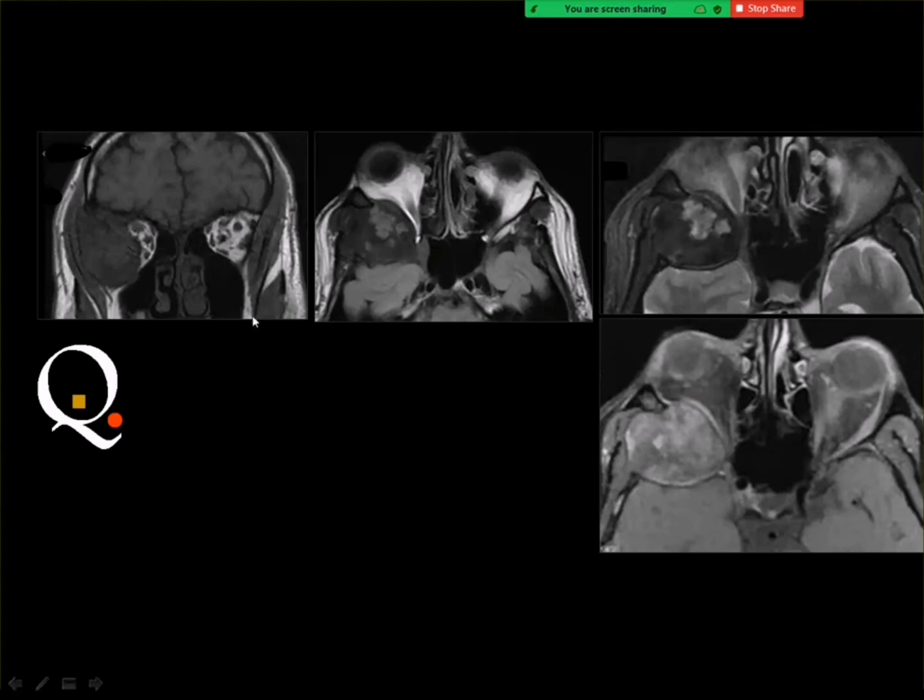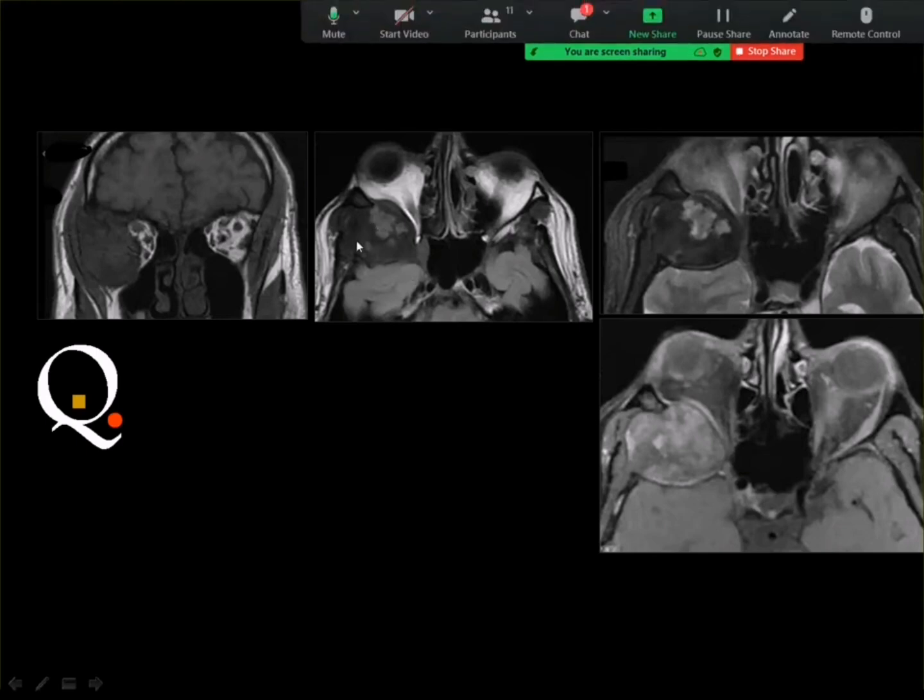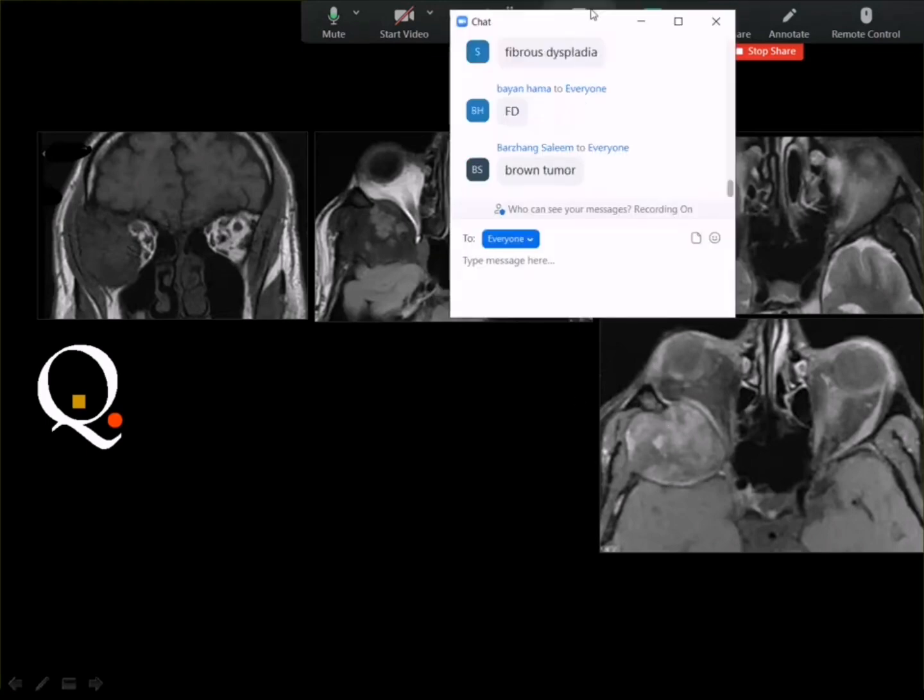And you can see that there is a bony lesion which is affecting the lateral aspect of the orbit as well as the greater wing of the sphenoid. The lesion is expanding and it shows heterogeneous texture with some enhancement after injection of contrast.